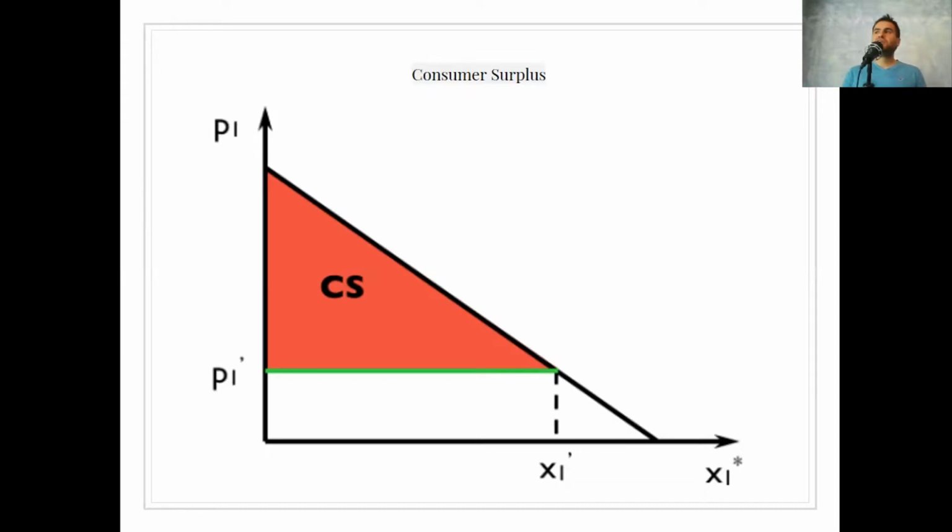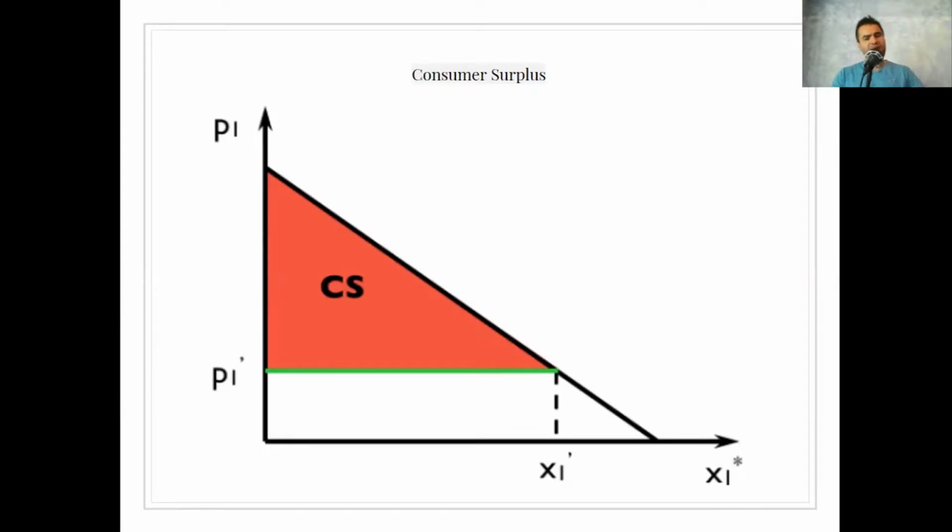This shaded red area is the consumer surplus of this particular consumer of this particular good, whatever this good is. You can model any good this way, you can model any consumer this way. And the idea of the consumer surplus is actually really straightforward once we decompose what it means. So think of it this way.